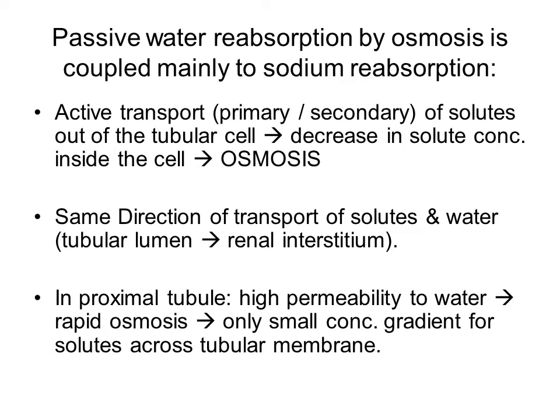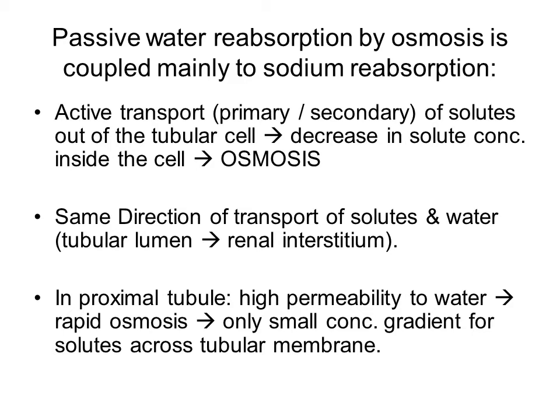Passive reabsorption of water by osmosis is coupled mainly to sodium reabsorption. When solutes are transported out of the tubule either by primary or by secondary active transport, their concentration tends to decrease inside the tubule while increasing in the renal interstitium.